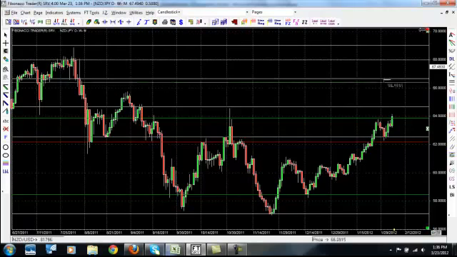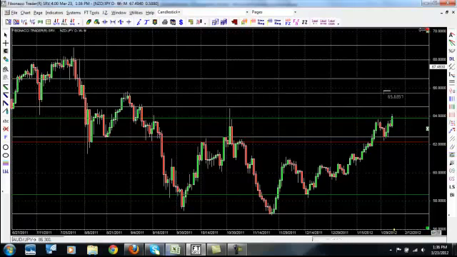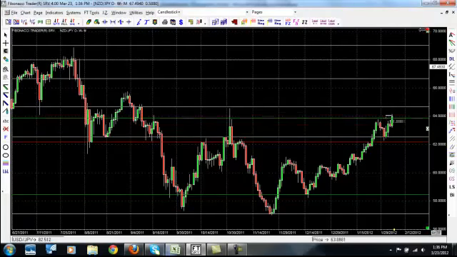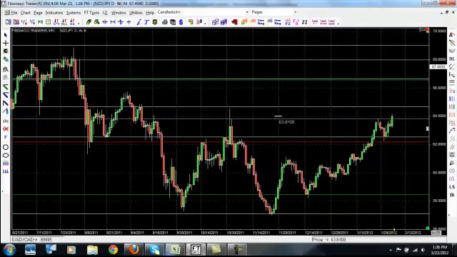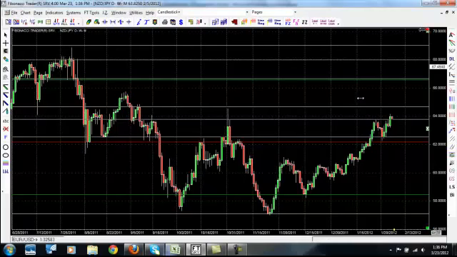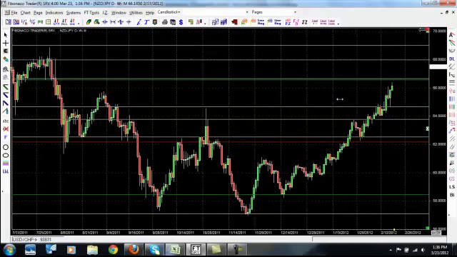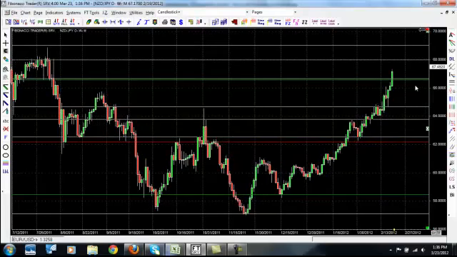Oops, I just moved the wrong line. We can delete that off. This is the one I want. Okay, so we're going to move that up in here. Actually, I need to draw that line back in because this helps me keep track of where I'm at. Okay, and we're going to see price move up, boom, hit a profit target again.